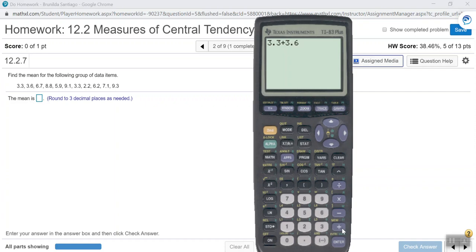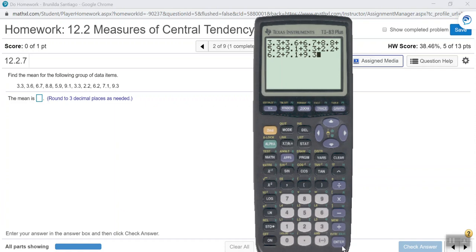So 3.3 plus 3.6 plus 6.7 plus 8.8 plus 5.9 plus 9.1 plus 3.3 plus 2.2 plus 6.2 plus 7.1 plus 9.3.